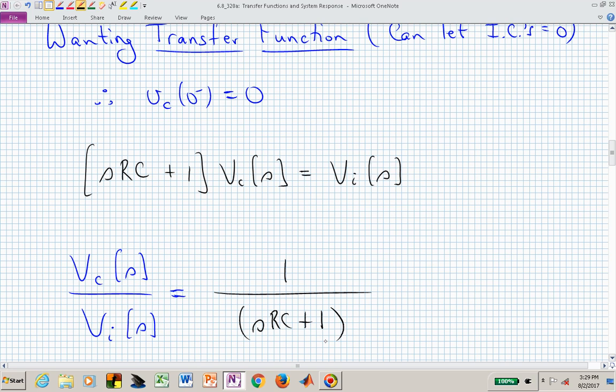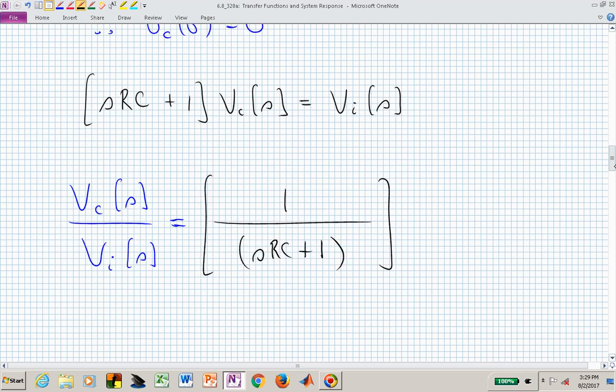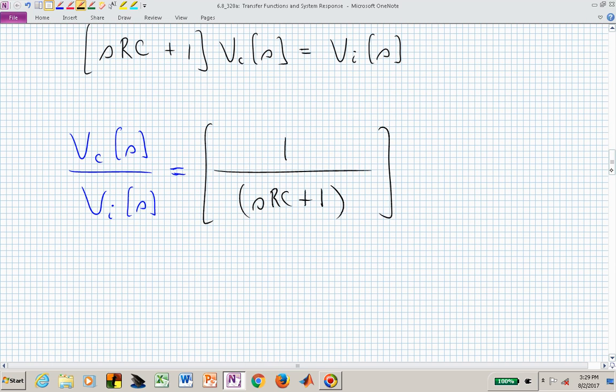And we did divide by V sub I of S. So V sub I of S ends up in the denominator on the left-hand side, and SRC plus 1 ends up in the denominator of the right-hand side. And we now have our transfer function. Here is our transfer function for that first order low-pass filter.